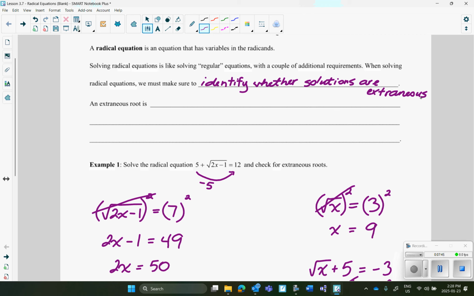And what is an extraneous root? Remember, root means the same as solution, they're interchangeable.